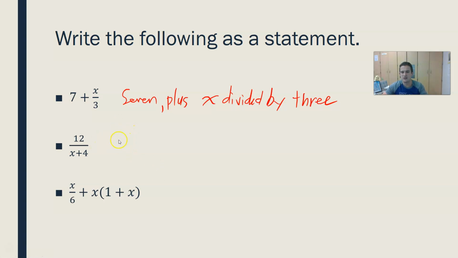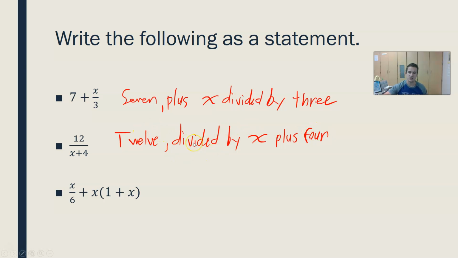The second one here is 12 over x plus 4, or 12 divided by x plus 4. So I could literally write 12 divided by x plus 4. Or I could say the quotient. Instead of saying divide, I could say the quotient of 12 and x plus 4.